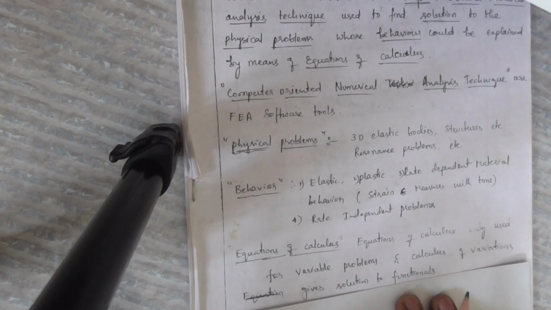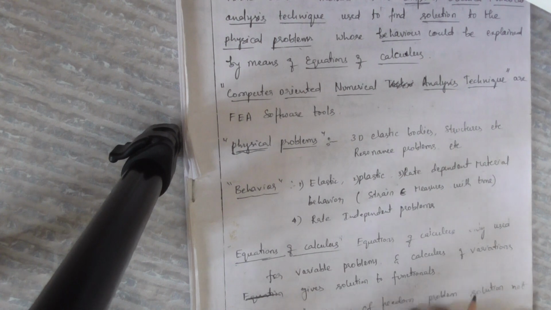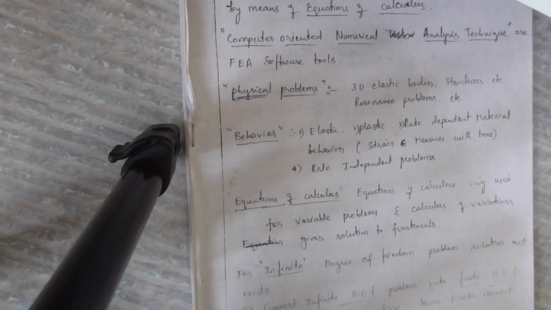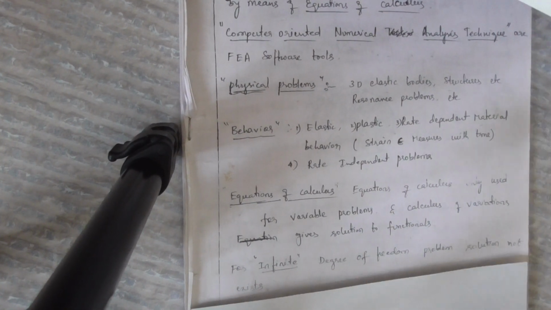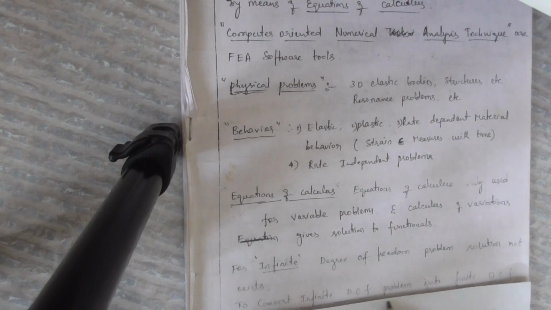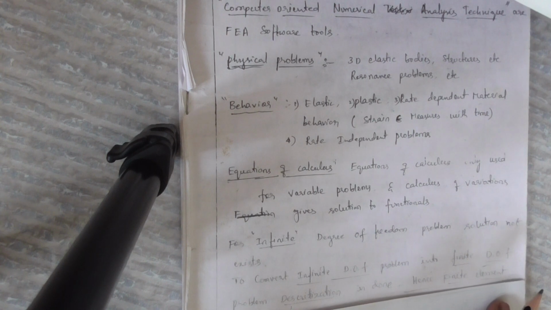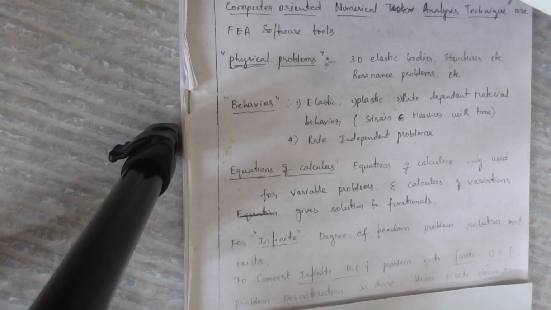So in general, everyone knows that for an infinite degree of freedom problem, there won't be any solution. That's what I wrote here: for an infinite degree of freedom problem, a solution does not exist. So to convert an infinite degree of freedom problem into a finite degree of freedom problem, discretization is done in FEM. What is discretization?